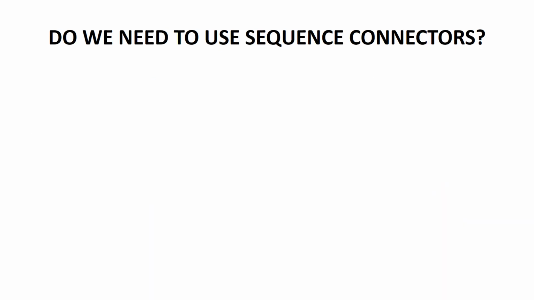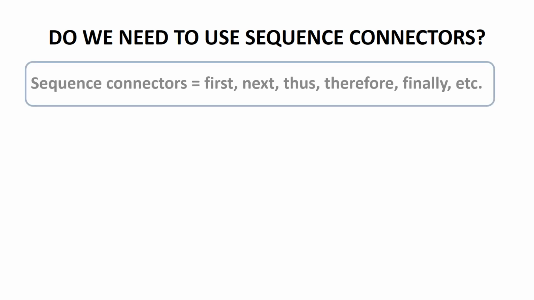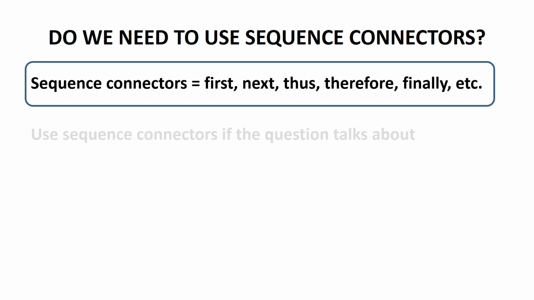So do we need to use sequence connectors when we write our summary? Sequence connectors are, for example, first, next, thus, therefore, finally, etc. Sequence connectors in BM are penanda wacana. But do we really need to use sequence connectors in summary?